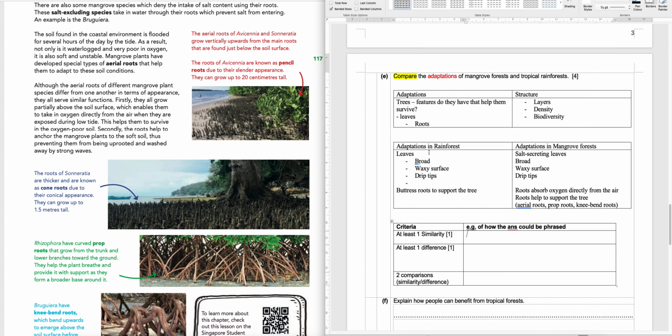What's similar? Let's look at the leaf. What's similar? They all have broad leaves. Even if, assuming you didn't have this in your textbook, let's start with what's similar. The roots are similar, they support the tree. So both forests have roots that support the tree.